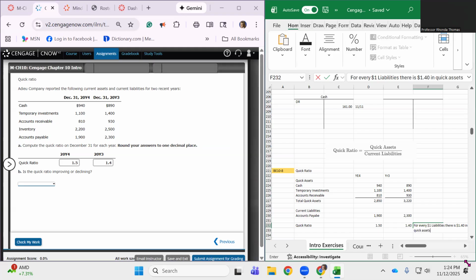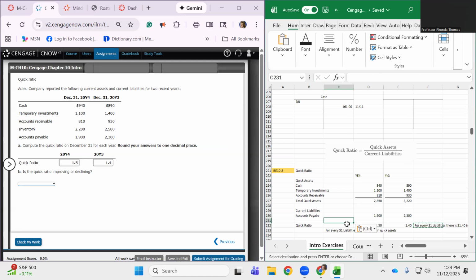Okay, so there's that. And so we can make this say the same thing. So for every dollar, we have $1.50, right? So which would you rather have? If you had liabilities to pay, would you rather have $1.40 to pay them or $1.50 to pay them?